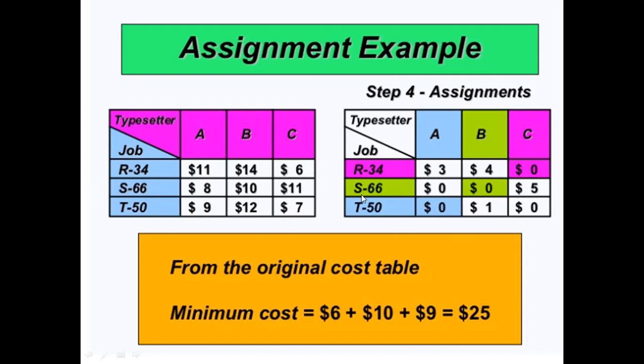S66 will be done by B, so the cost will be $10. And then T50 will be done by A and the cost will be $9. So we know now that the minimum cost is $6 plus $10 plus $9. So that will be the way to do the assignment method.